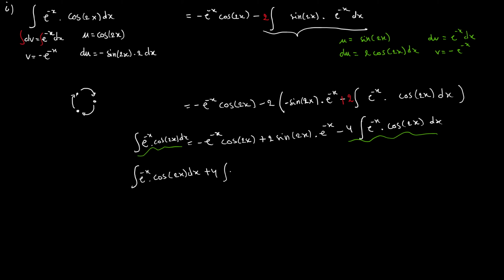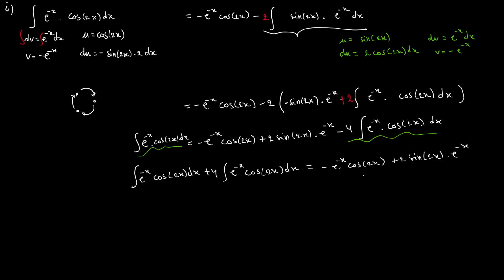The integral of e to the power of negative x cosine 2x dx is equal to negative e to the power of negative x cosine 2x plus 2 times sine 2x times e to the power of negative x.